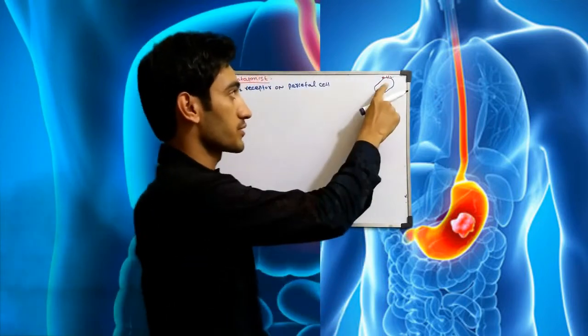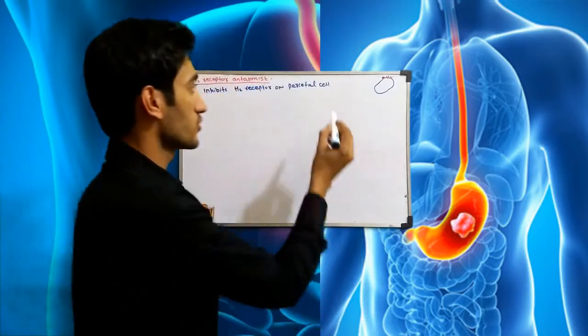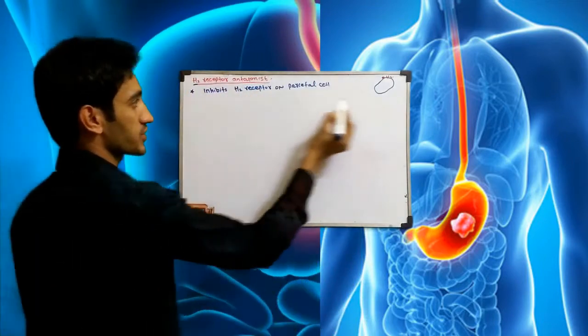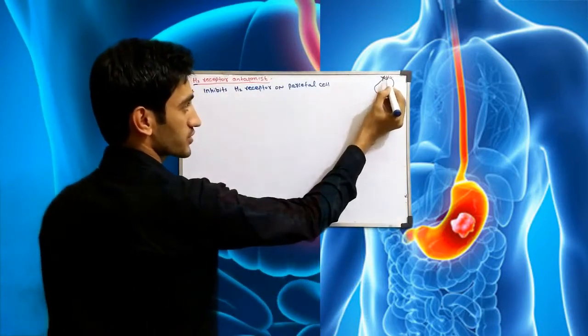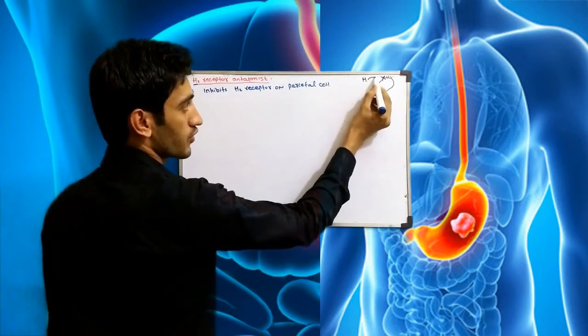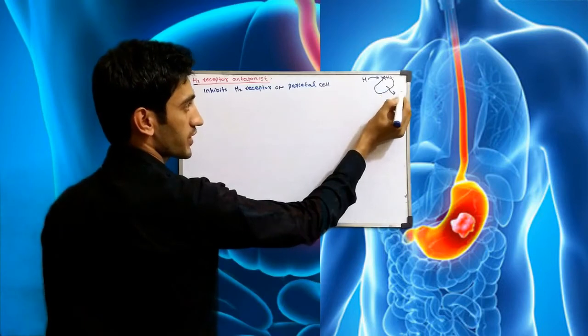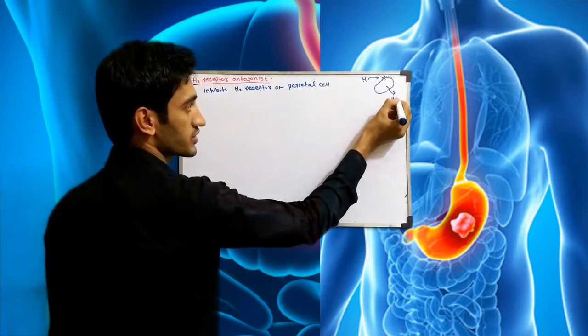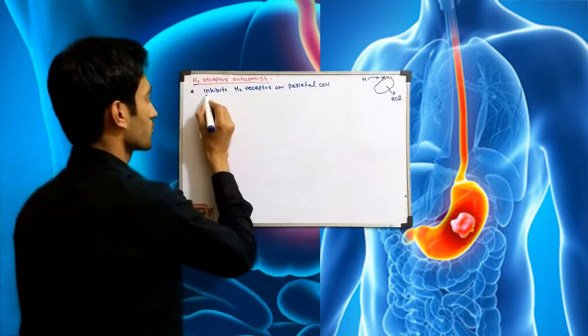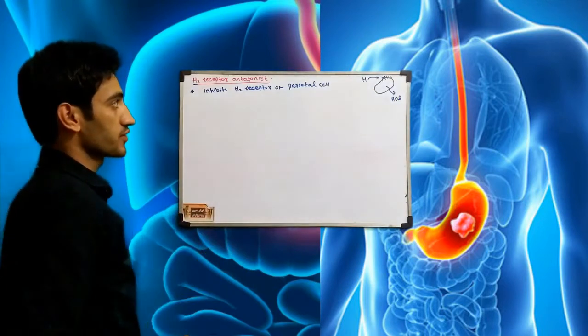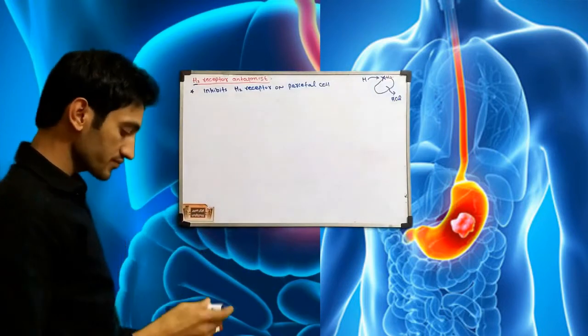So we give the H2 receptor antagonist, we will block this receptor, so histamine will not cause the parietal cell to release the acid.